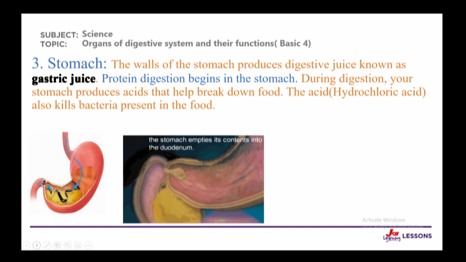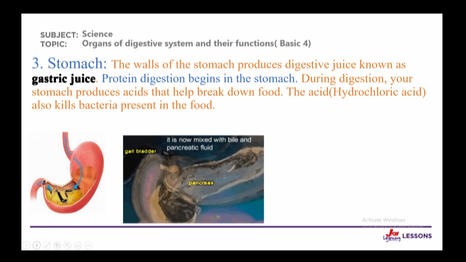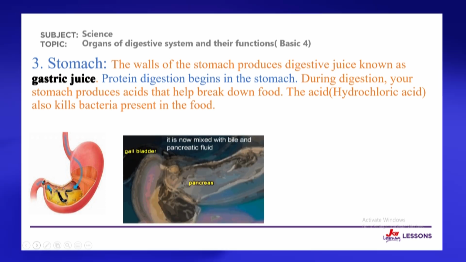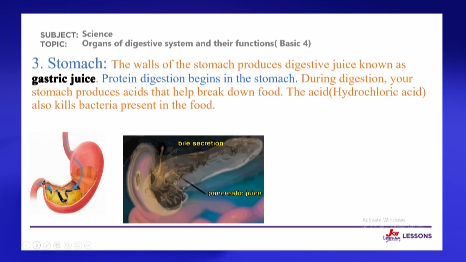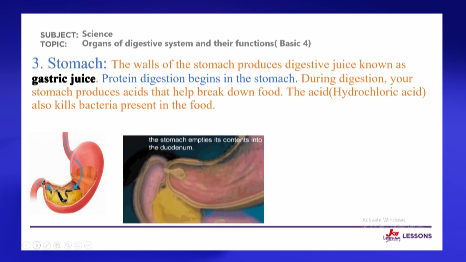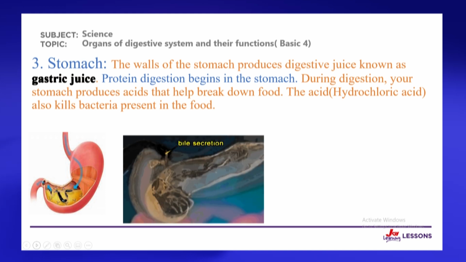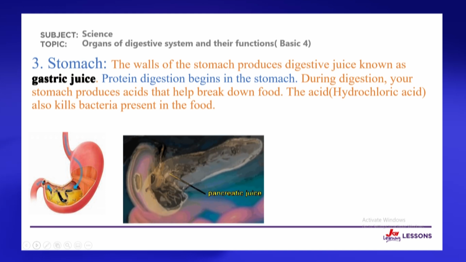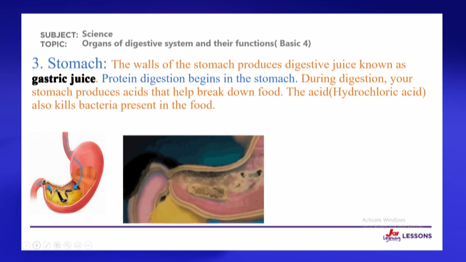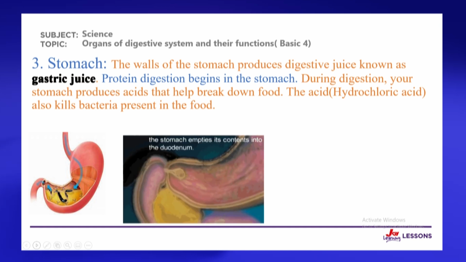Anytime you take in food, there may be bacteria or germs present in it. So we have hydrochloric acid in our stomach that kills these bacteria, and also the digestive enzyme known as protease that breaks down protein into amino acids. Good.